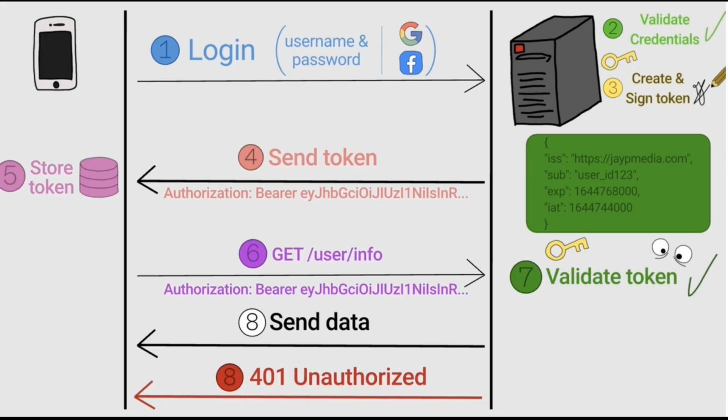Another mistake is using access tokens for authentication. Access tokens are opaque to clients. They're meant to be sent to resource servers, not inspected by client applications. If you need to know who the user is, use the ID token. If you need to call an API on behalf of the user, use the access token.